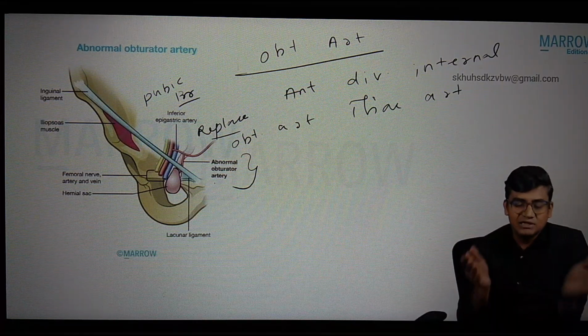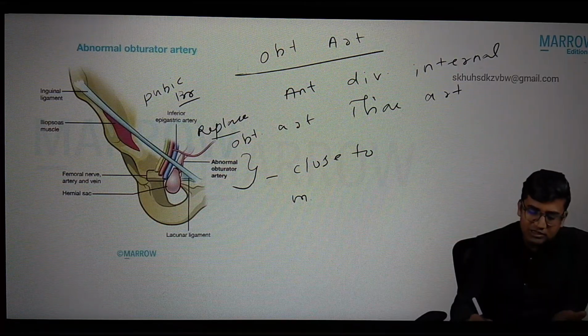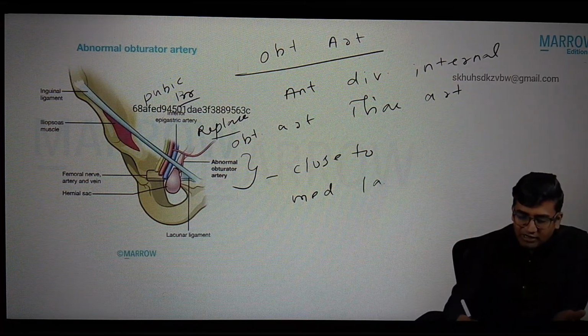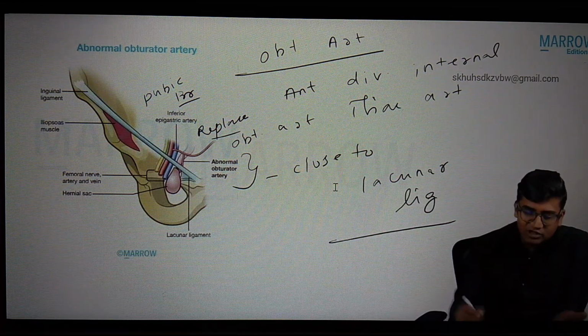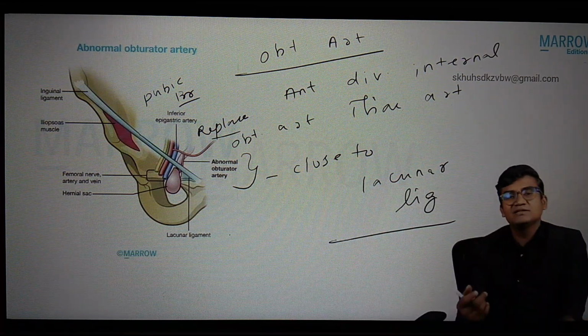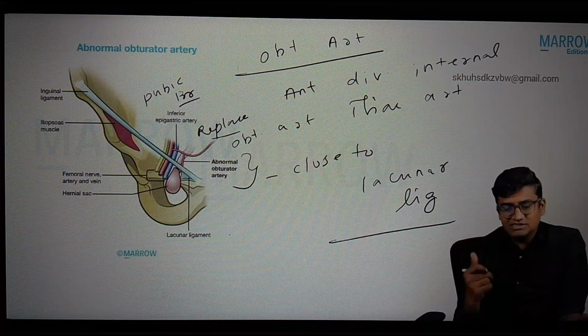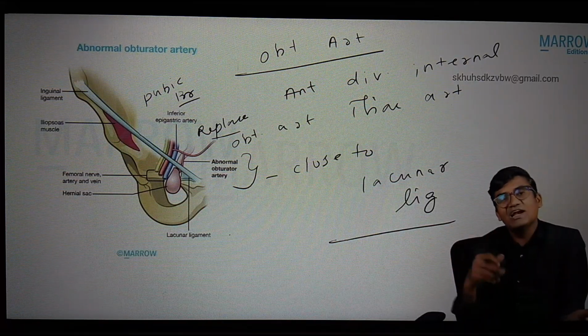Why do we have to know this, sir? The abnormal obturator artery is very close to the medial margin of the lacunar ligament. The lacunar ligament forms the medial boundary of the femoral ring. So the surgeon may damage this artery while doing the femoral hernia repair.